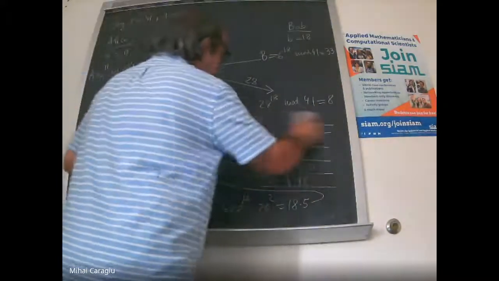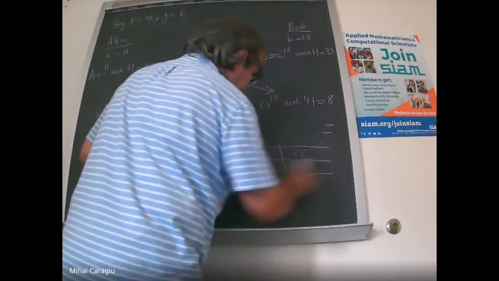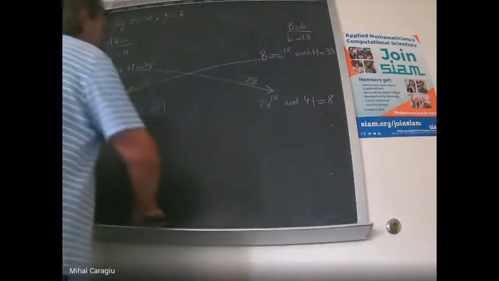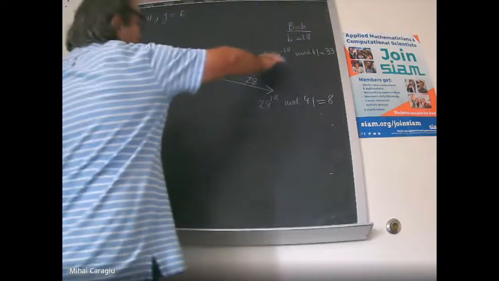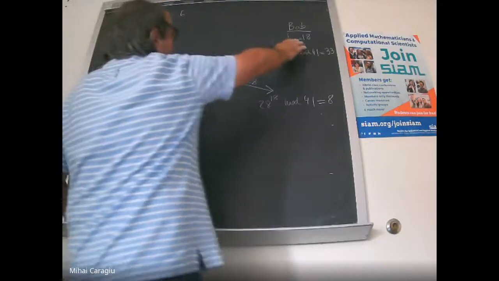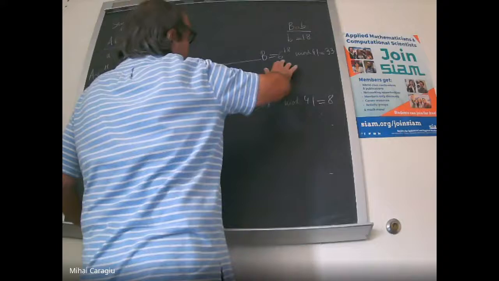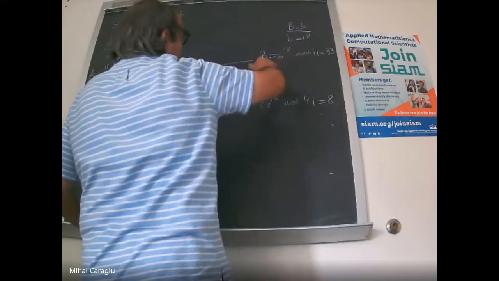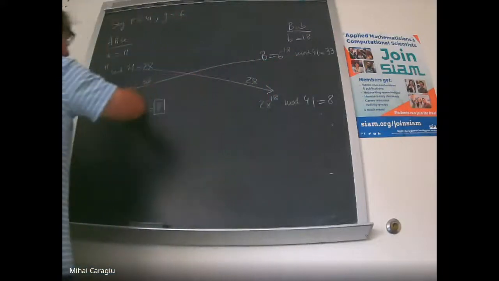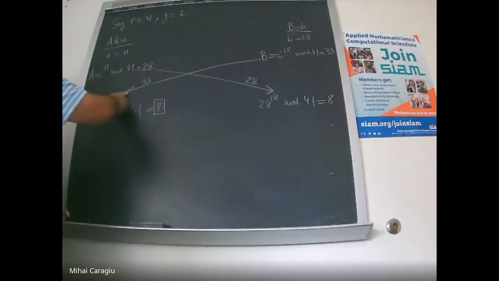Let's see what that is overall. Bob has a secret key 18. He takes the primitive root, raises it to the power of his secret key, gets big B, sends it over to Alice. Alice receives big B, which is 33, and she raises 33 to the power of her secret key modulo 41 and gets 8. And Bob does the same.